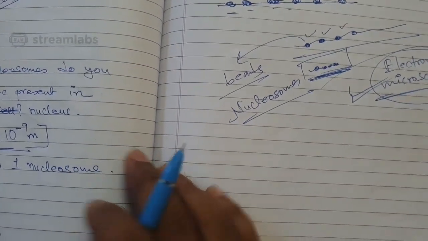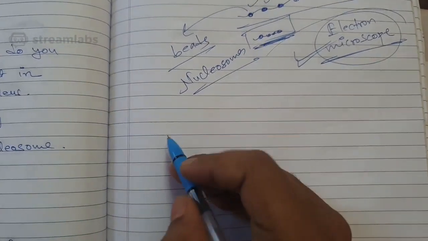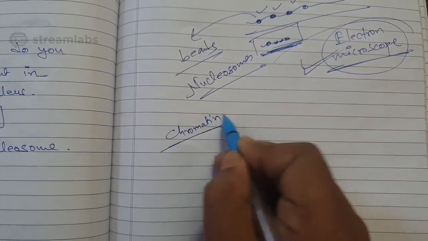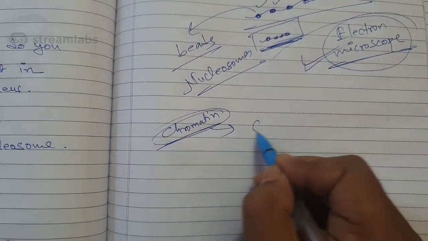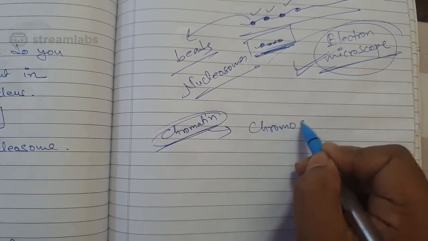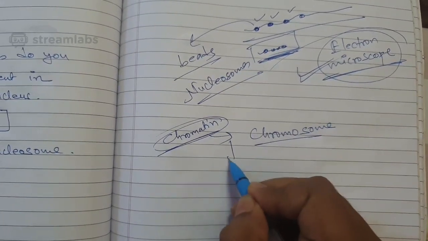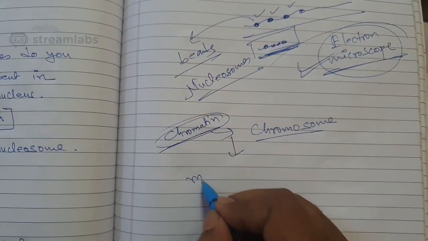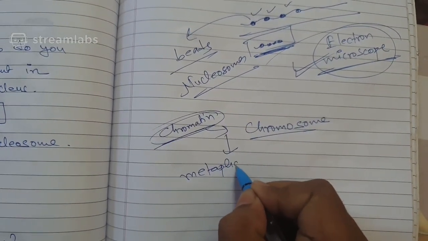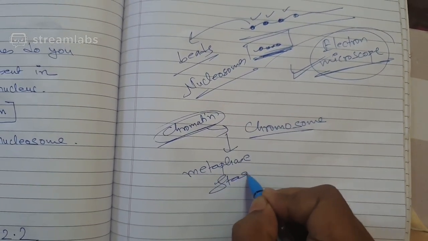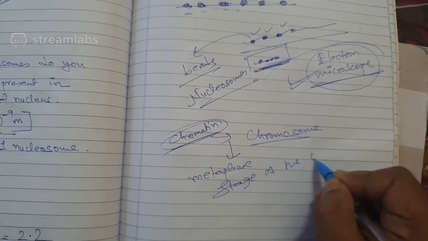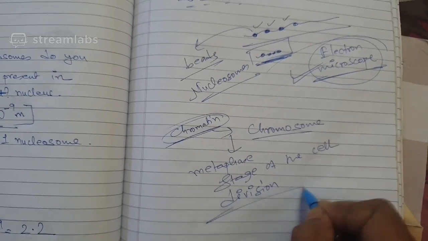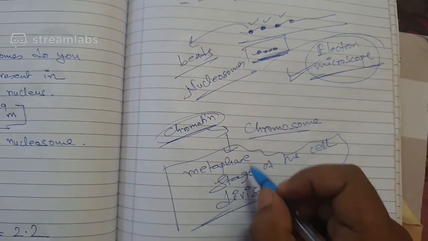Now talking about the chromatin, the structure that you have just understood becomes the chromosome, which I have explained earlier also, during cell division or the metaphase stage of the cell division that you have learnt earlier.